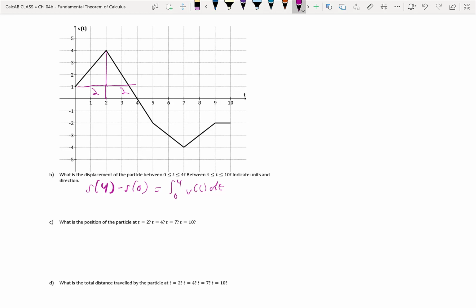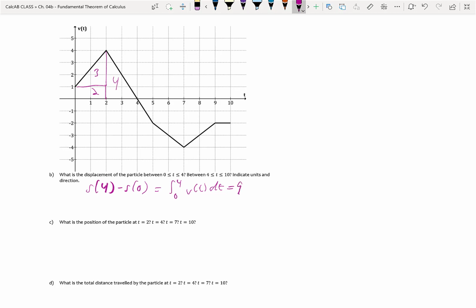This is 2. This is 3. And this is 3. I like that better. So 3 plus 3 plus 2. Oh, no, that's not 2. This whole thing is 4. 3 plus 4 plus 2 is 9.